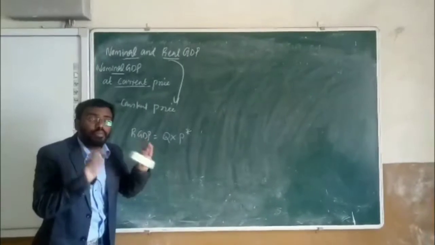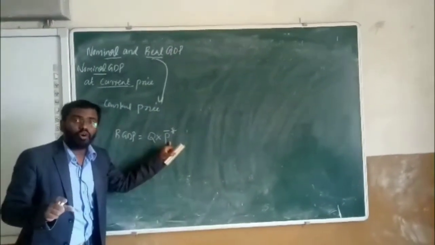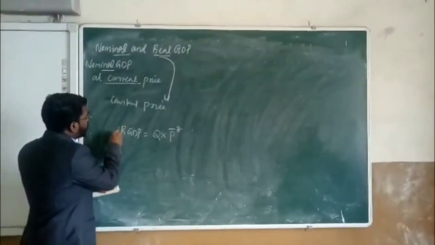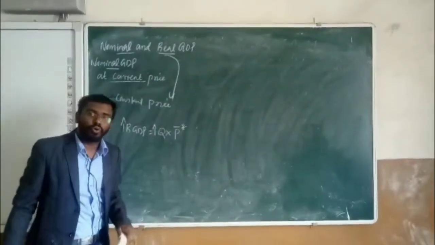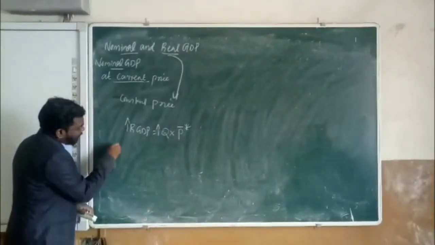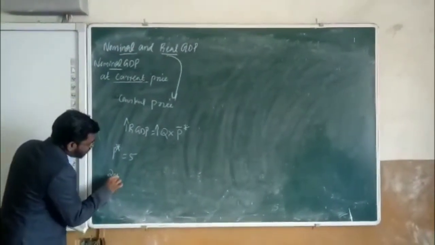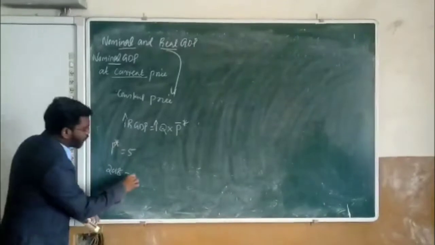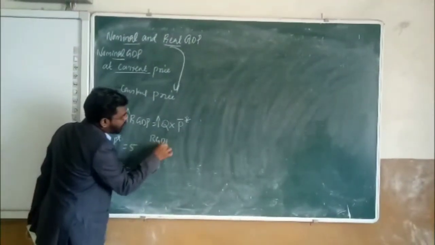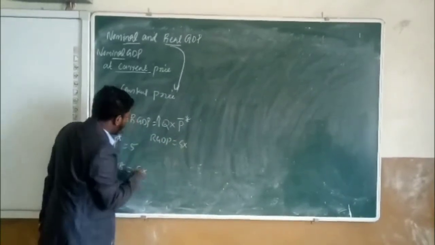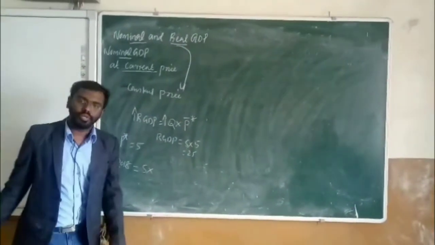Here P star will be constant, it will not change, so real GDP will increase only by an increase in the level of output. For example, base year price is equal to 5. In 2018 the country produced 5 units of X, then real GDP will be 5 into base year price 5, that is 5 into 5 equal to 25.